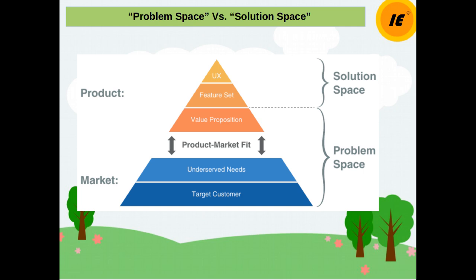The important interface between problem space and solution space occurs between your value proposition and your feature set. It is of course within your control to change your feature set and user experience as you like, unlike customers and their needs, which you can target but cannot change. Value proposition is the problem space layer over which you have the most control.